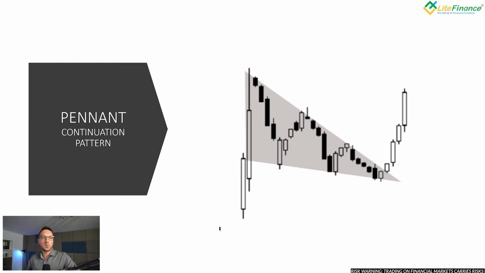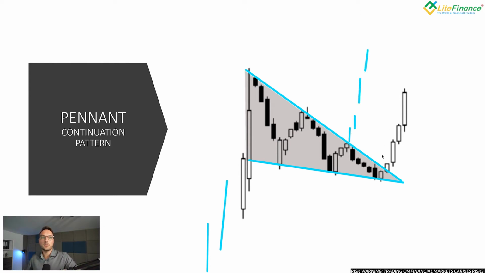When the wedge or pennant is formed after a strong move to the upside and it is formed in the opposite direction to the trend, it suggests a continuation. The pennant differs from the wedge in that the breakout occurs when the range is very, very narrow. So the wedge would break out somewhere over here from the formation, right?